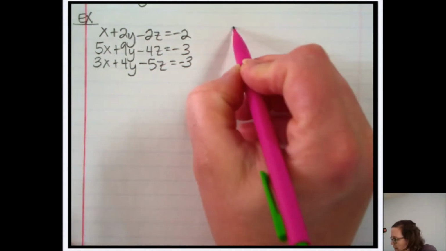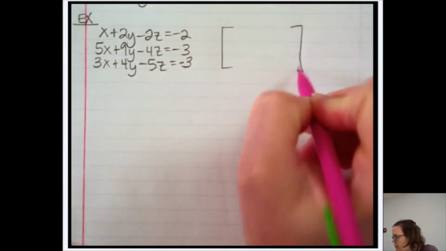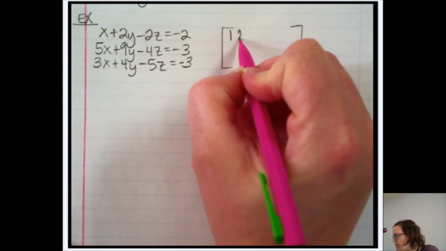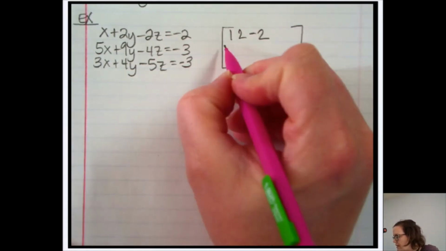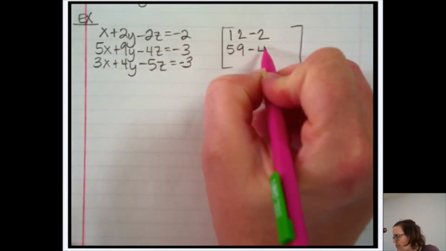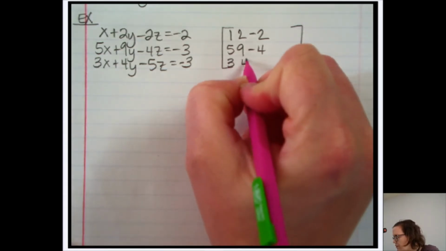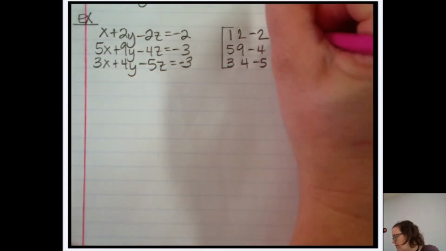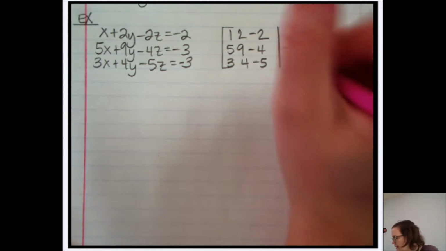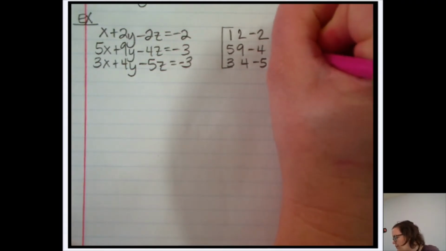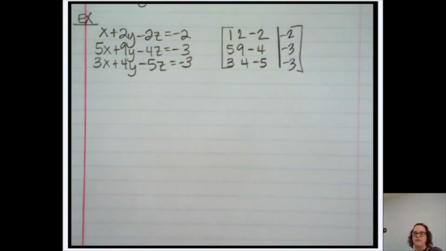Okay. So I write the coefficients on the left. So I get 1, 2, -2, and 5, 9, -4, 3, 4, -5. And I have my separating line. I get -2, -3, -3. Okay, so that's my augmented matrix.